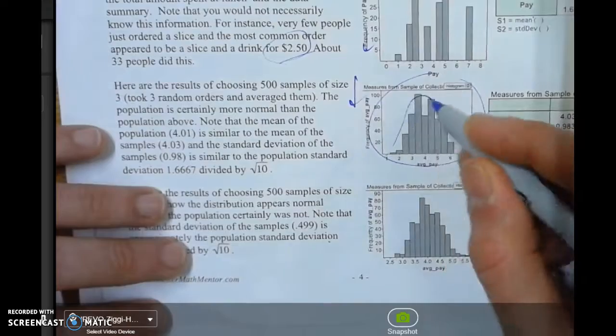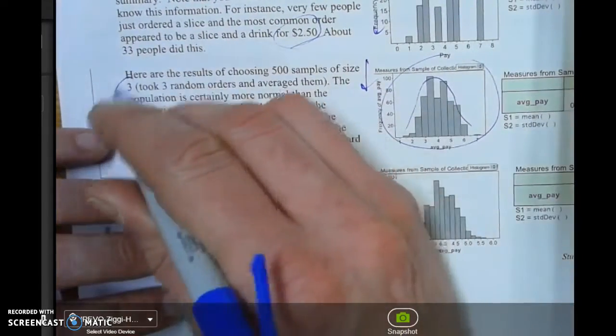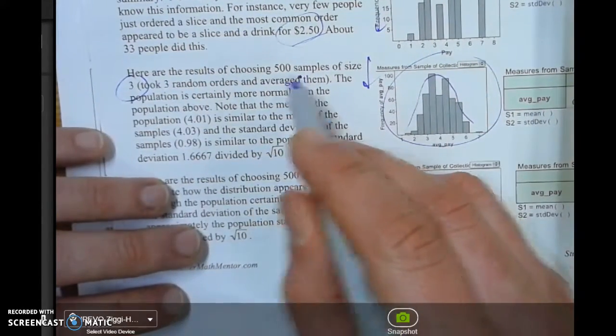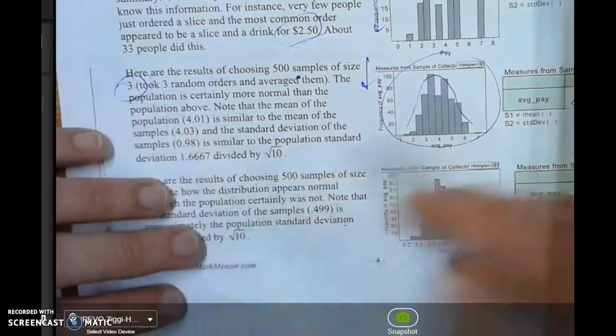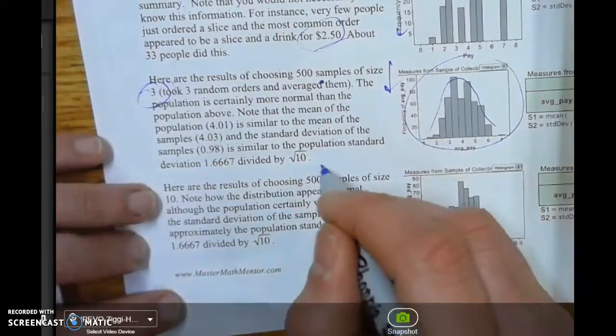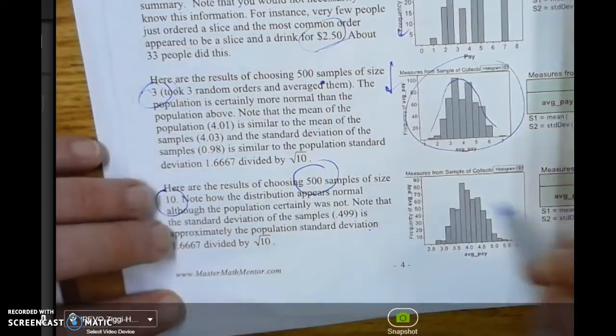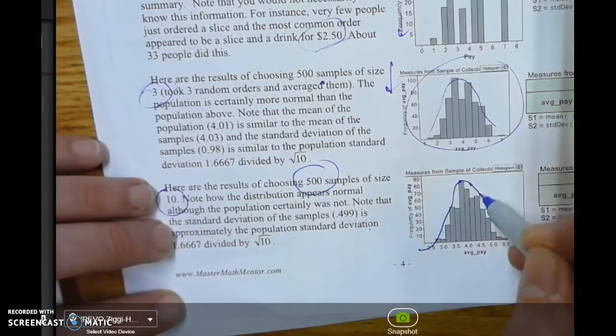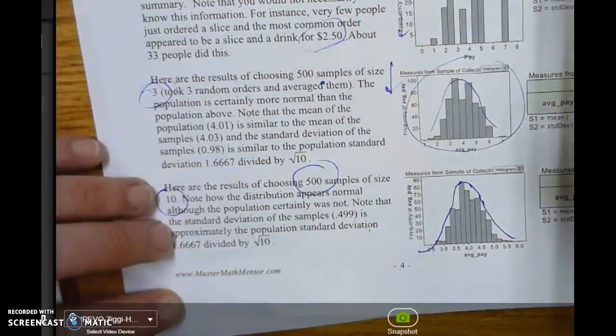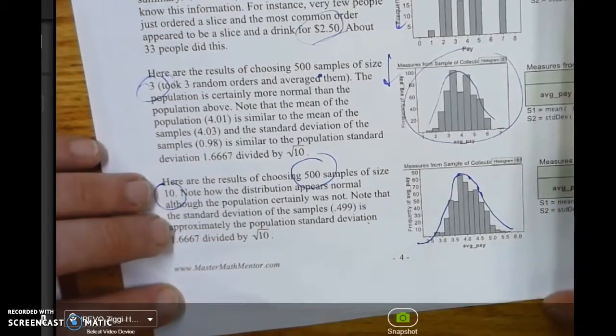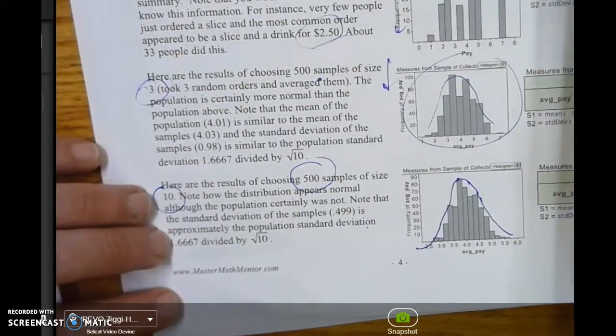It starts to appear bell-shaped, but that's of sample size 3. So this is 500 samples of size 3. We need our samples to be a little bit larger than that. So we take 500 samples of size 10. You can see that the distribution becomes bell-shaped and approximately normal. And that's what the central limit theorem tells us.